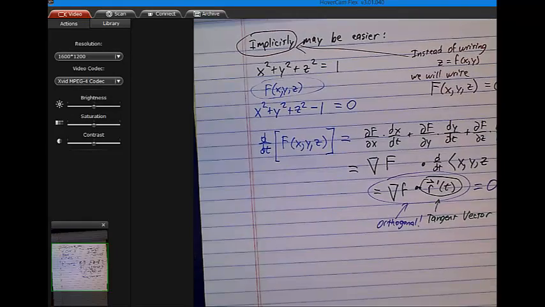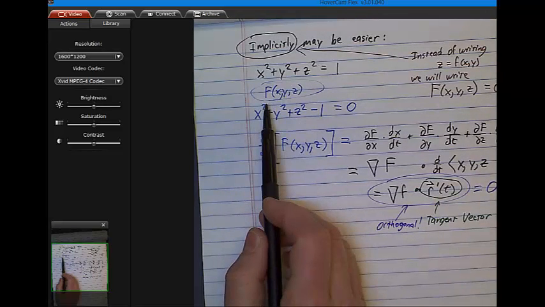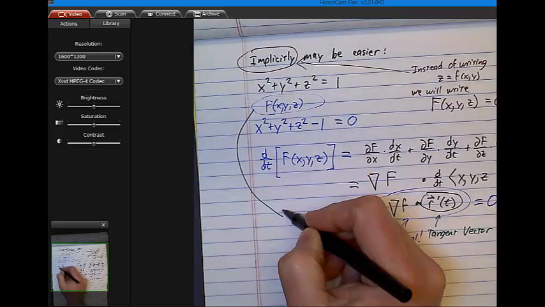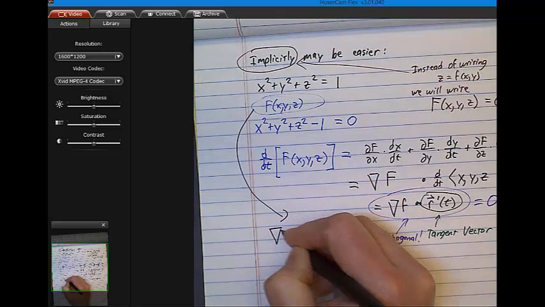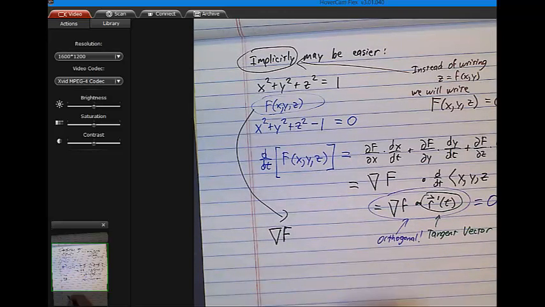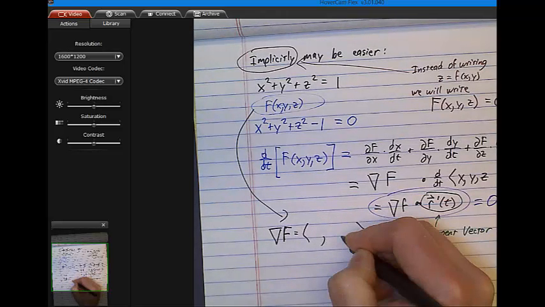All right. Implicitly, I define a new function of 3 variables, big F. I compute grad of big F. What is grad of big F? Remember, it's going to be a function of 3 variables.